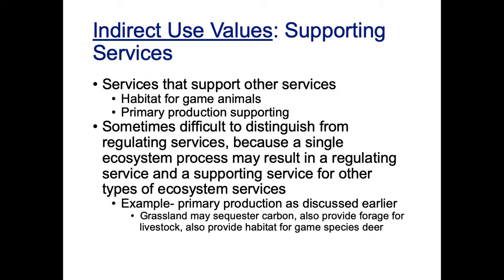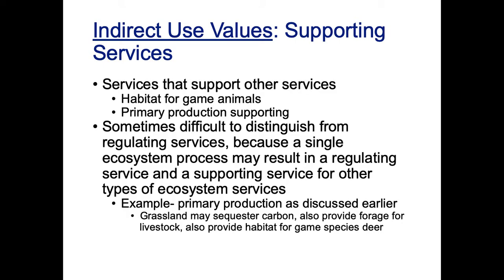So this one thing, primary production, can be both a regulating service for sequestering carbon, but it's also a supporting service by providing food for livestock and habitat for game species. So it starts to get a little bit messy because we're getting multiple values from single things. So I just wanted you to be aware of that.